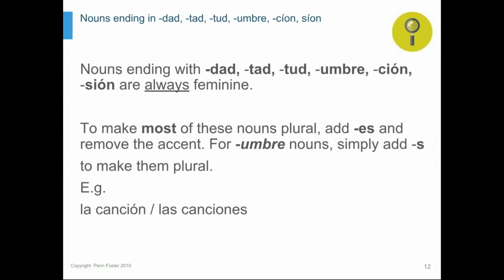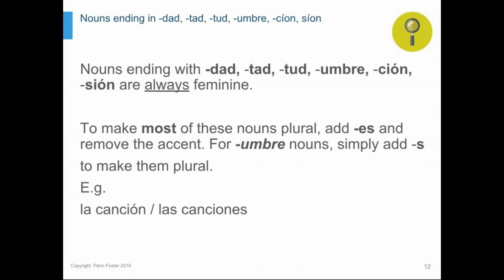And for the ones that have an accent, the last 2 listed, the CIÓN and SIÓN ones, the accent must be removed when making this plural, as you can see an example of that on the bottom of the screen. La canción means the song, so one song has an accent mark on the O, and multiple songs, no accent mark.